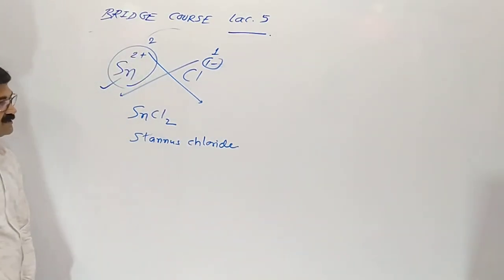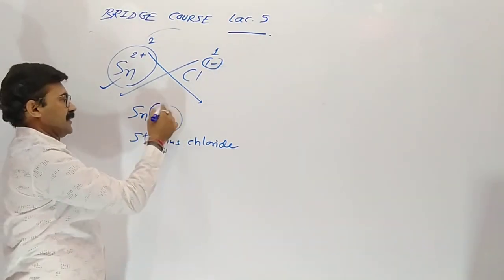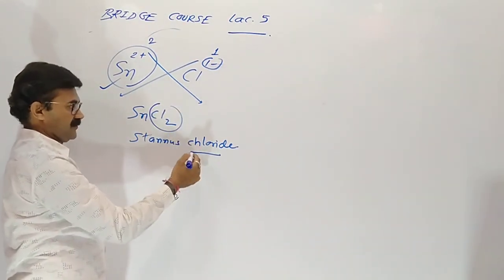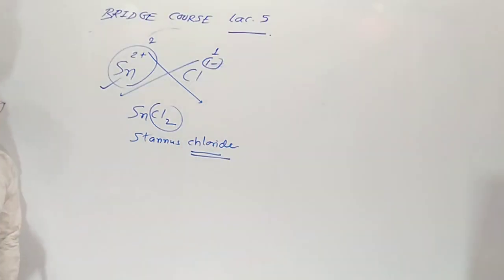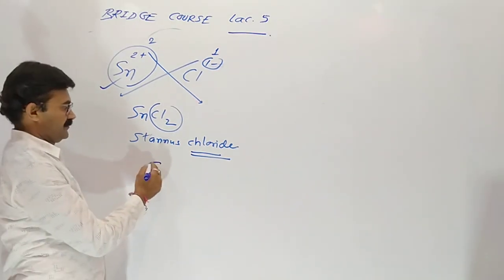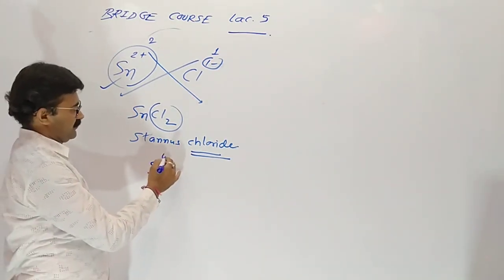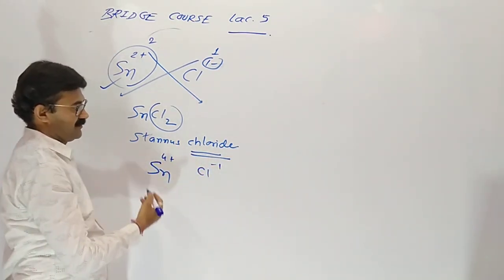Sn plus 2 means stannous chloride. Here chloride 2 times, whatever the number, it is only chloride. Stannous chloride.